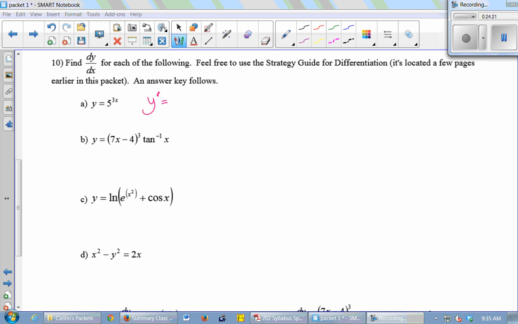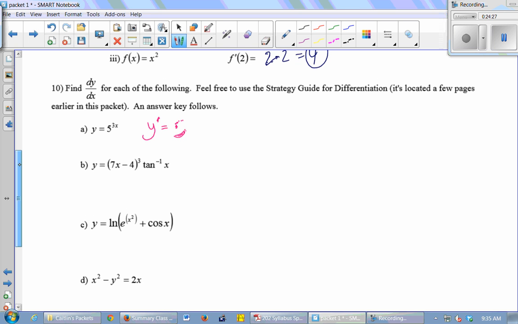So we have some stuff here, so it's going to be 5 to the 3x times the ln of 5. Then we also have to apply the chain rule here because it was 5 to some stuff. So we have to multiply by the derivative of the stuff, which is 3.